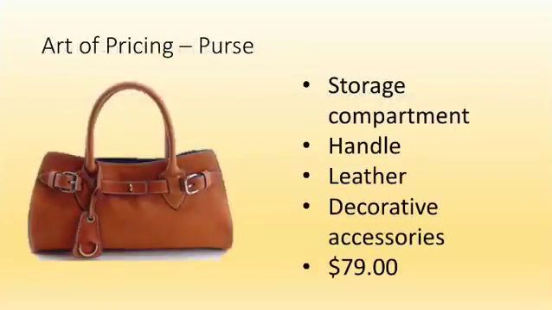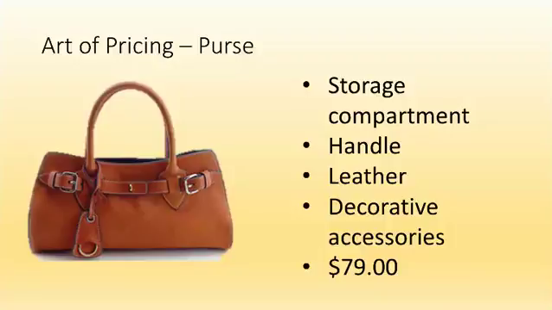A purse has a storage compartment in it, and some purses maybe have even more than one storage compartment. Maybe they have a storage compartment on the side wall that has a zipper so you can protect some valuables. But in addition to that, we can see that it has a handle for carrying that makes it easy to transport.